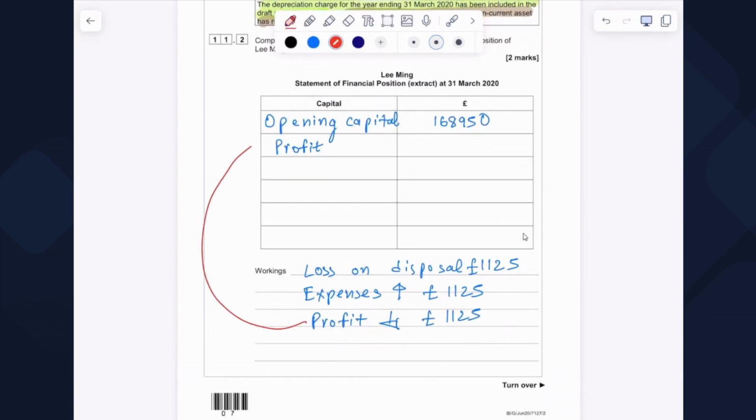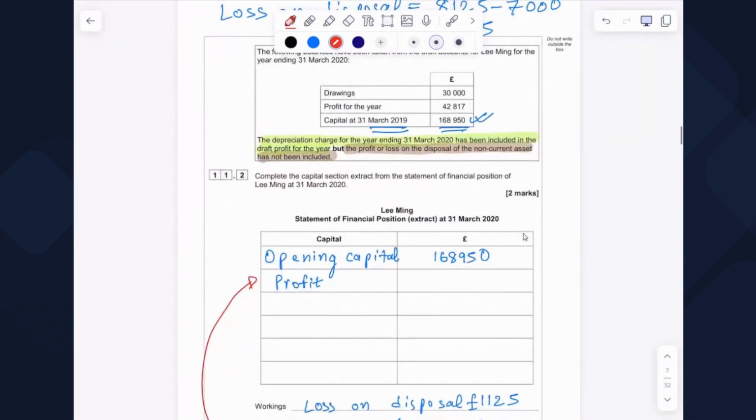So how do we account for this here? We need to subtract 1,125 from the given profit balance of 42,817 to reflect the fact that the business has made a loss on disposing the non-current asset, and that loss was £1,125, which has increased the total expenses by £1,125 and therefore reduced the total profits by £1,125.